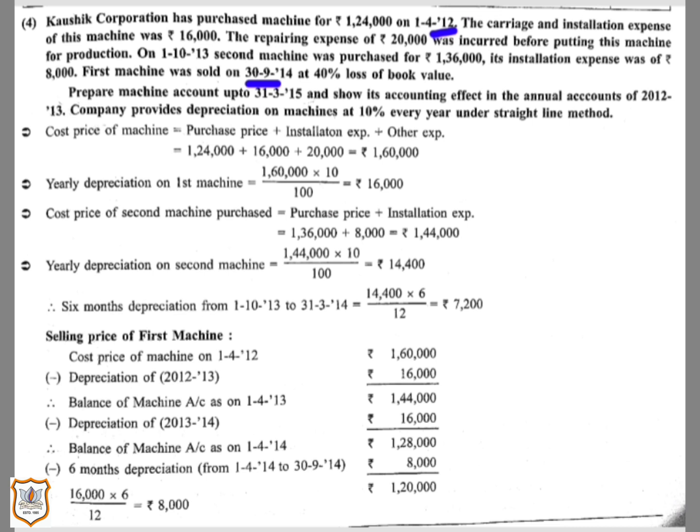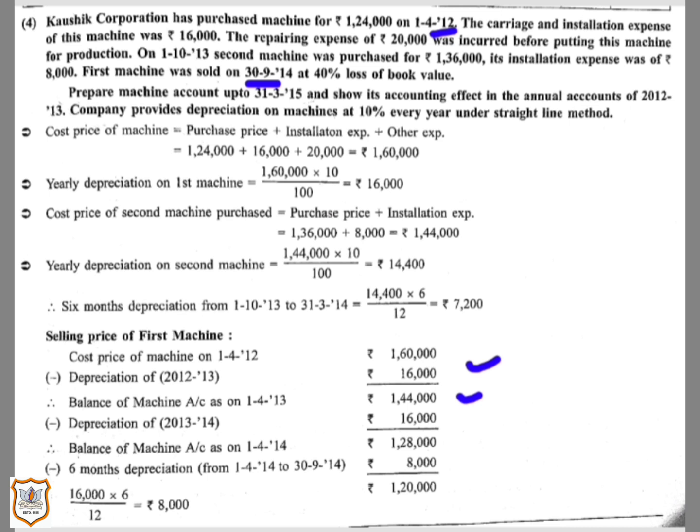That means we have utilized this machine the whole year. So here full year depreciation will be charged, that is 16,000. So 1,60,000, that is the cost price of the machine, minus depreciation of 2012-13, that is 16,000. If we deduct it, we will get 1,44,000. That is the balance of the machine account as on 1st April 2013.